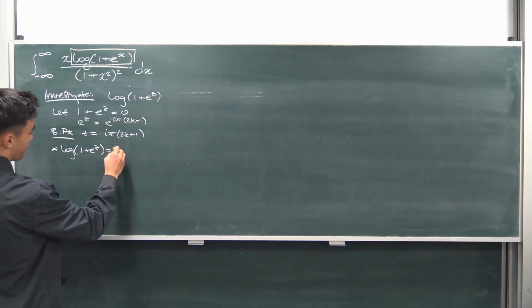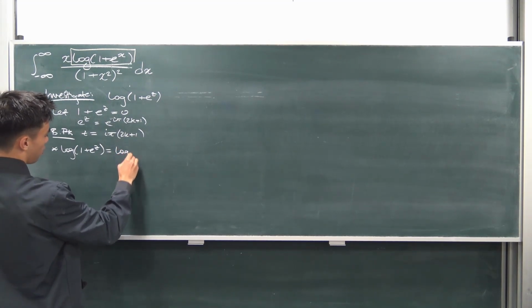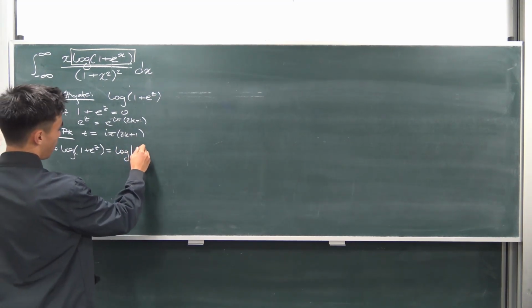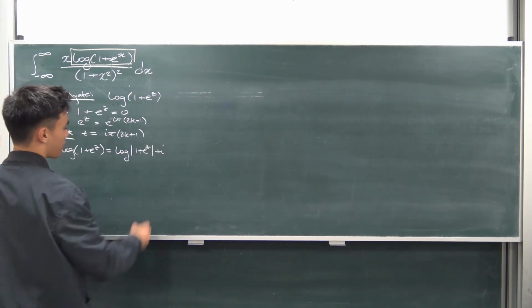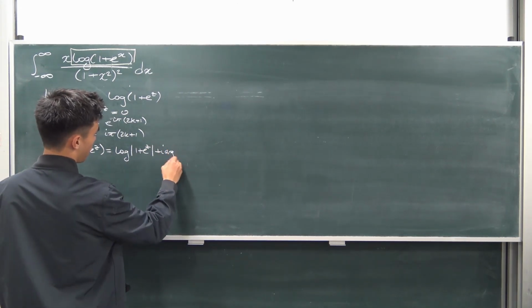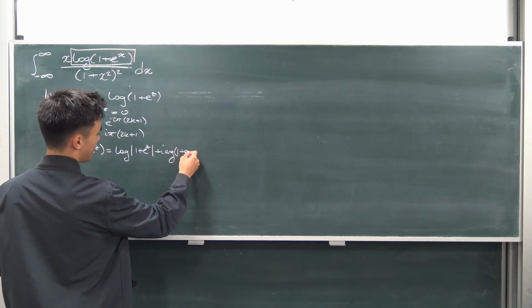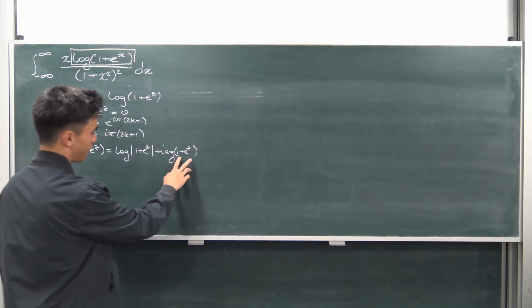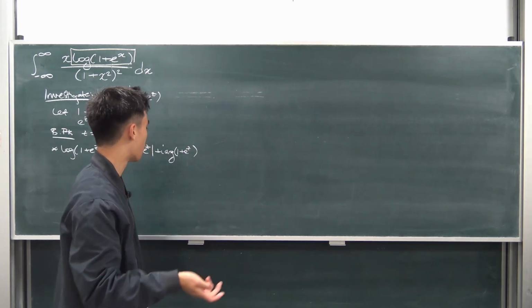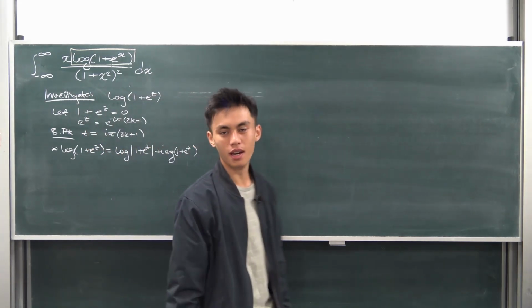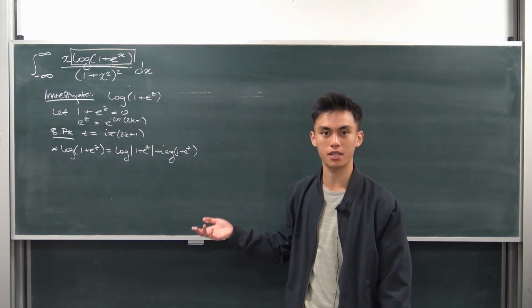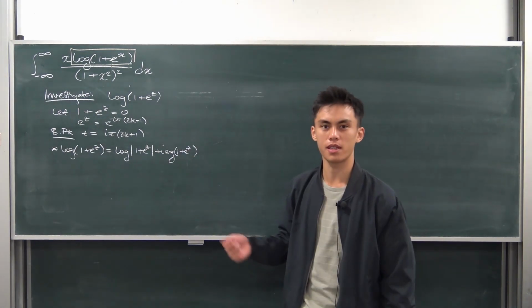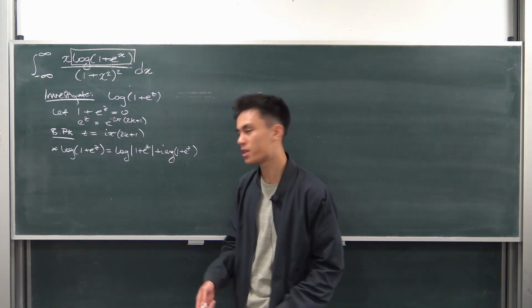The real part is going to be the logarithm of the absolute value of 1 plus e to the z, and then the imaginary part is i times the argument of whatever is on the inside, which is 1 plus e to the z. Usually we just have something like z minus 1 or z minus i, some linear thing inside of this argument, so it's pretty easy to figure out what the branch cuts will look like. But here we have 1 plus e to the z on the inside. That's going to be a bit tricky to do.